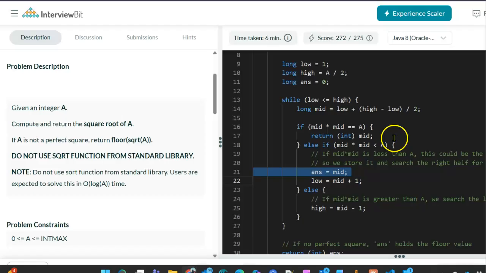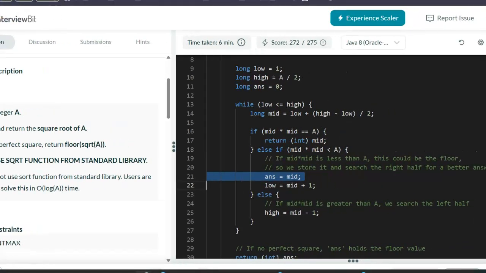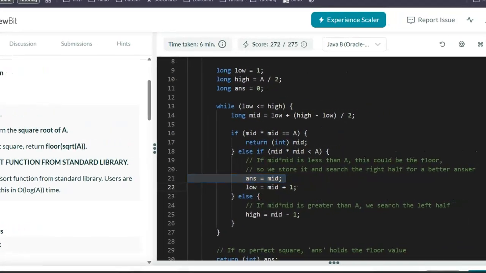If mid times mid is less than A, let me scoot this over so we can see the whole comment. If mid times mid is less than A, that could be the answer. It could be the floor, but what we're going to do is store it and continue to search the right half for a better answer, that is a higher number that could also be the floor.